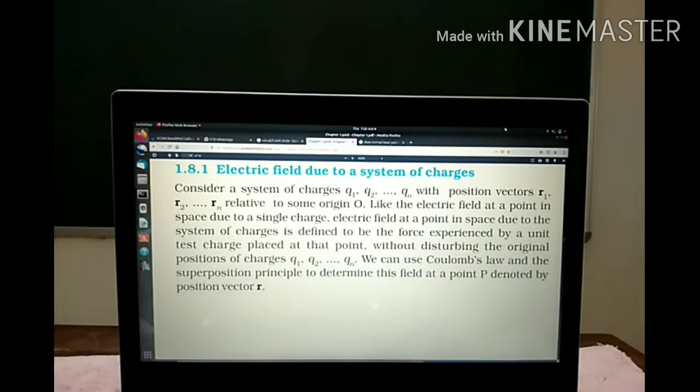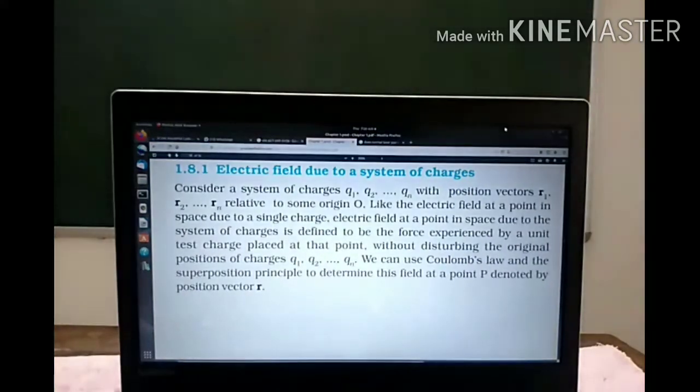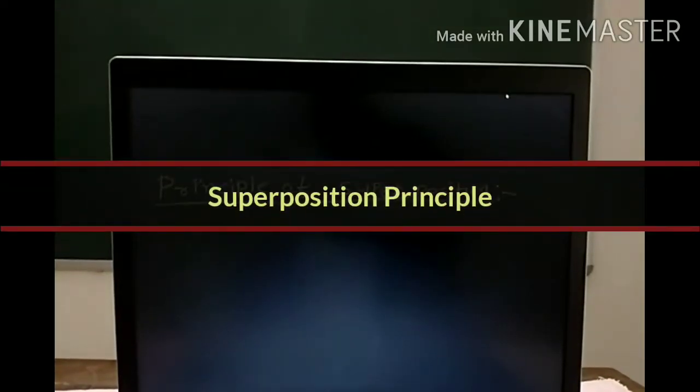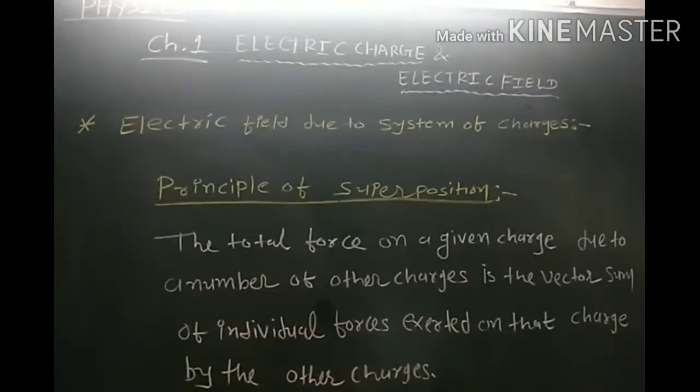We use Coulomb's law and the superposition principle to determine this field at a point P denoted by position vector R. Now the principle of superposition says that the total force on a given charge due to a number of other charges is the vector sum of individual forces exerted on the charge by the other charges.